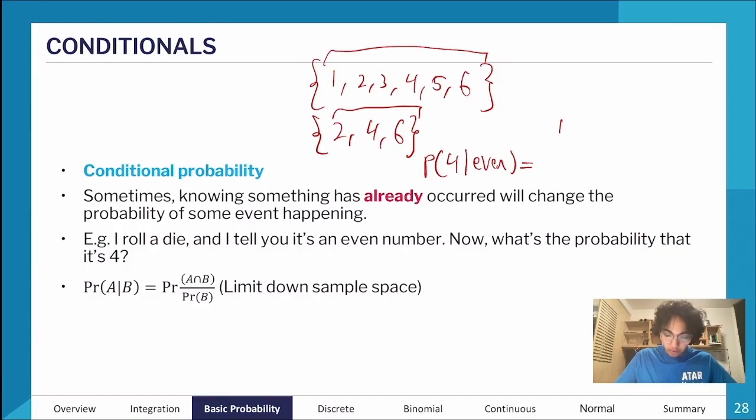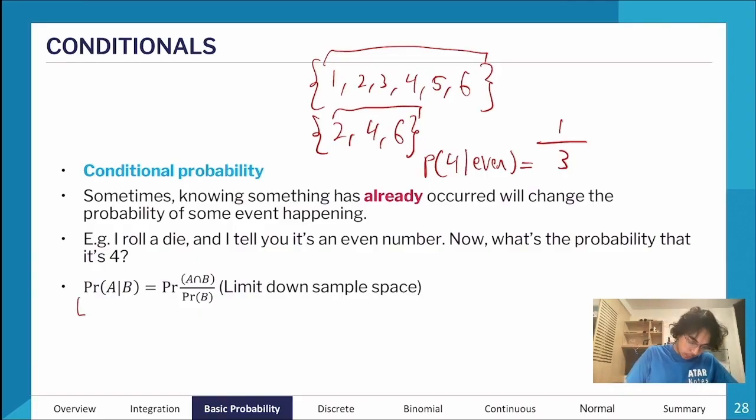The probability of getting a 4 on a 6-sided die is 1 in 6, just rolling it randomly. But it's not 1 in 6 now because I've changed that sample space. I've decreased it from 6 possibilities. I've said it has to be an even number, so it's either 2, 4, or 6, and there are 3 possible outcomes. So the probability of getting 4, given that it's an even number, is 1 over 3.